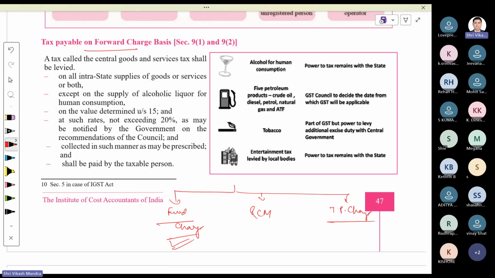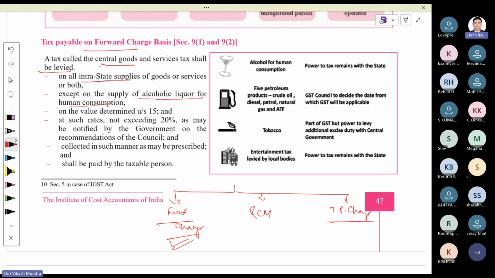First, we are discussing forward charge. Majority of the goods or services are covered under this forward charge. A tax called the central goods and service tax shall be levied. Similarly, each and every state government has the same type of law. There they mention a tax called the state goods and service tax shall be levied on all intra-state supply of goods or services or both, except on the supply of alcoholic liquor for human consumption.